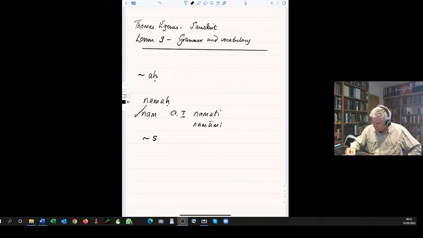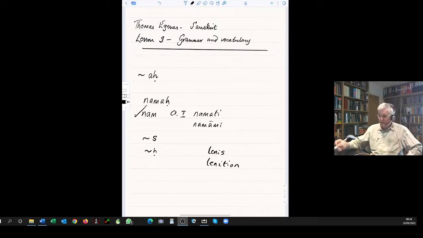As time went on, already by the time that the Vedas were composed, if a word ended in an S, the S wasn't pronounced in full, it was lenited or softened to an H or an ah sound. Not namas, but namah. By the way, lenited is a linguistic word for softening, from the Latin word lenis, meaning soft. So the lenition of a sound means the softening of a sound.